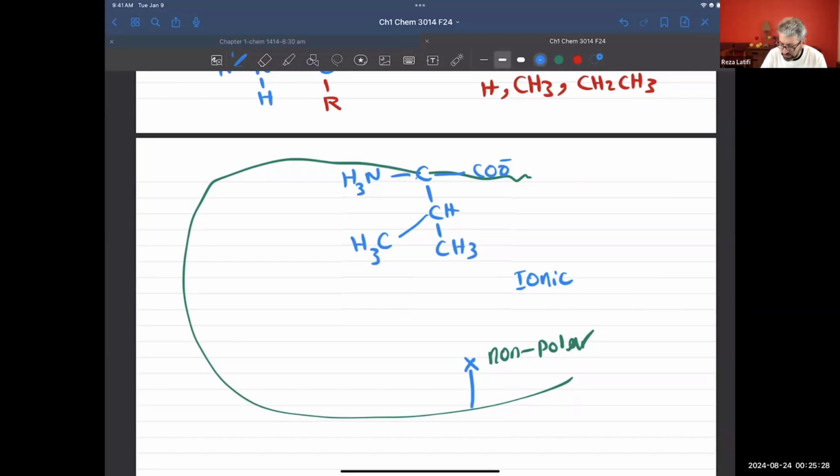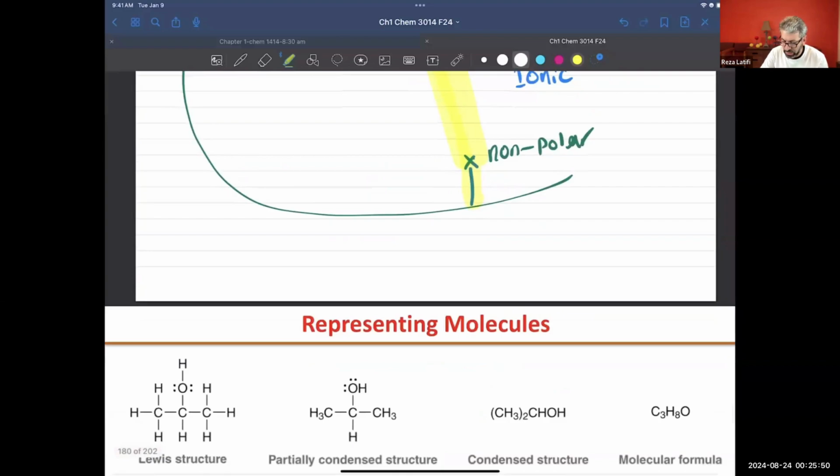Now I'm going to get a non-polar group there. That non-polar group is going to interact with this one. Because of that interaction, the structure of the cell will change and turn to this shape. Because the structure of the protein or the cell got changed, its efficiency in carrying oxygen will go down.